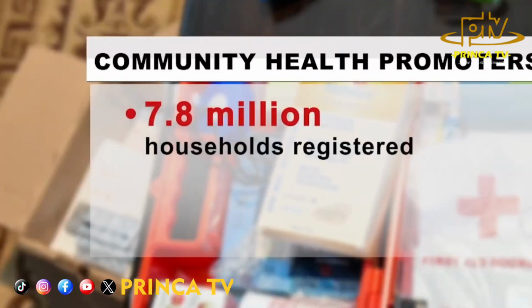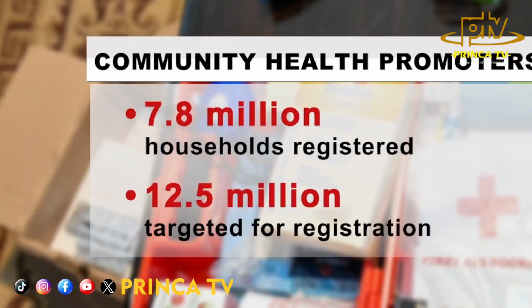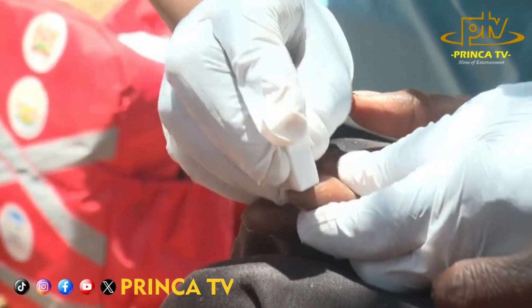Already, the community health promoters have been able to register 7.8 million households in Kenya, and we are gearing to ensure we have registered 12.5 million households in Kenya. And out of the 6.5 million people screened for diabetes, 126,000 have been referred to a health facility for further assessment.